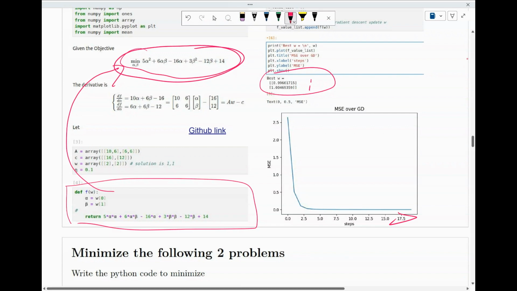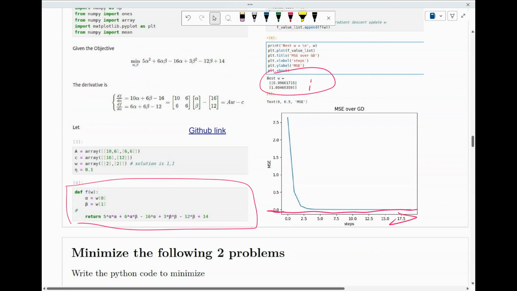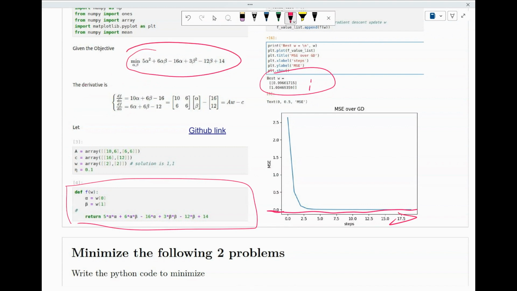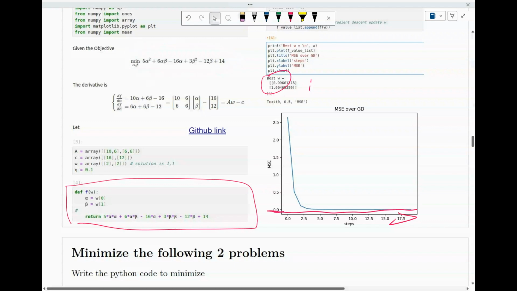So basically, it's heading towards zero. So this is basically being minimized. You're finding the W value or the alpha beta value that gives you the lowest value of the function. So that's what's happening.